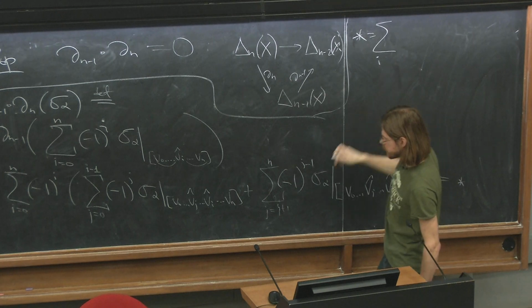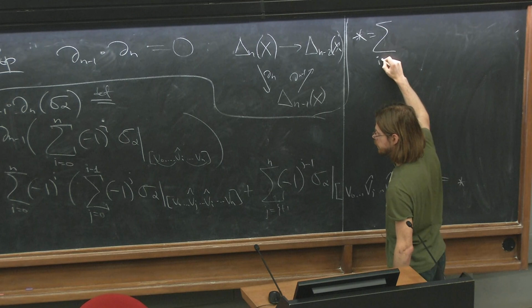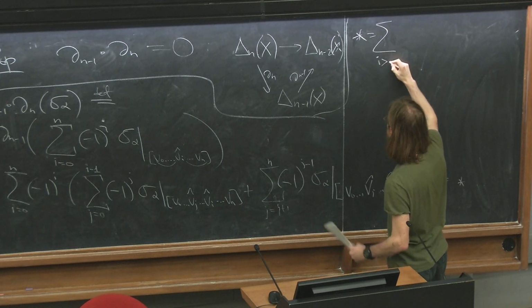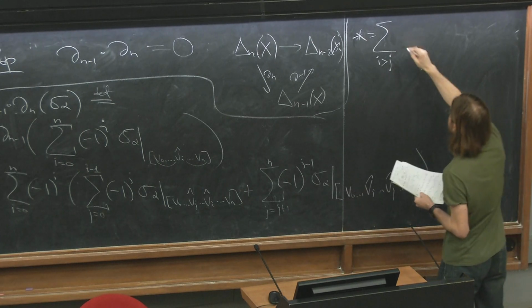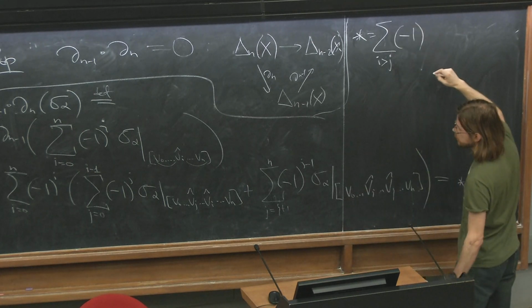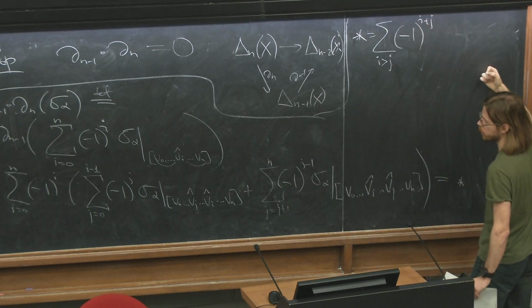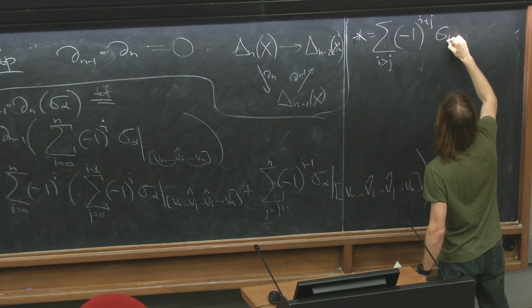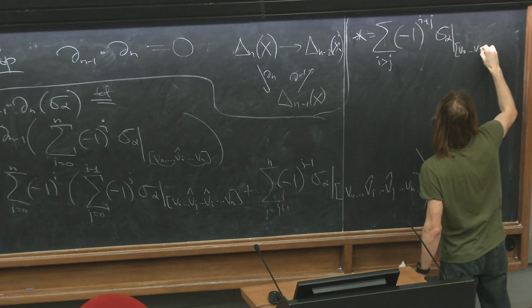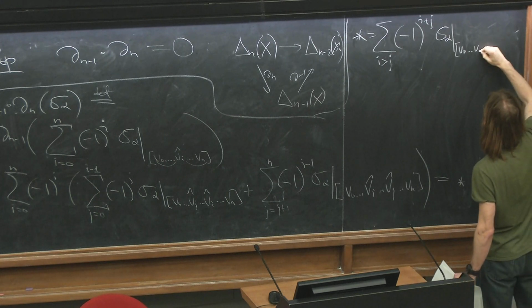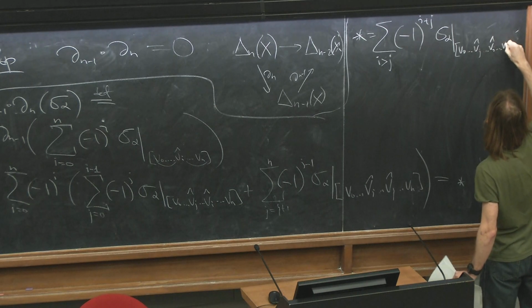In this first part, j is before i, so I can write this as a double sum over i greater than j. The total sign will be (-1)^{i+j}, combined together, and there will be σ_α restricted to the subsimplex where I remove first v_j and then v_i.